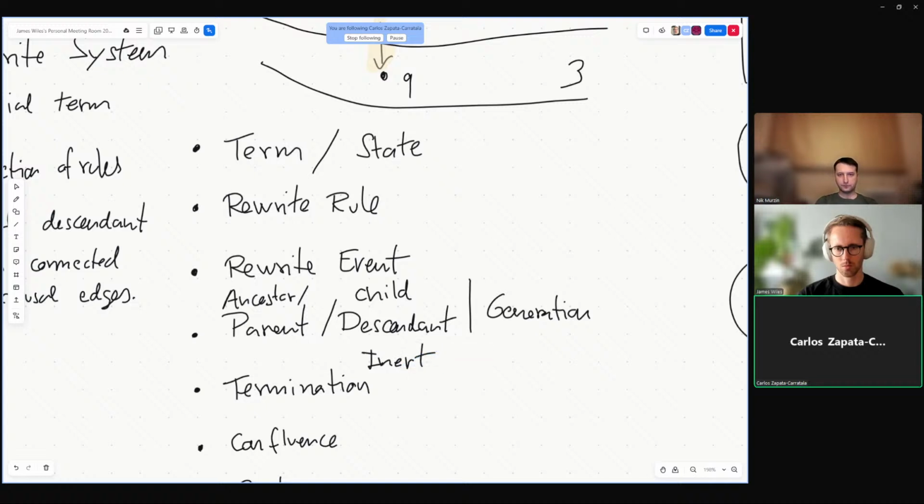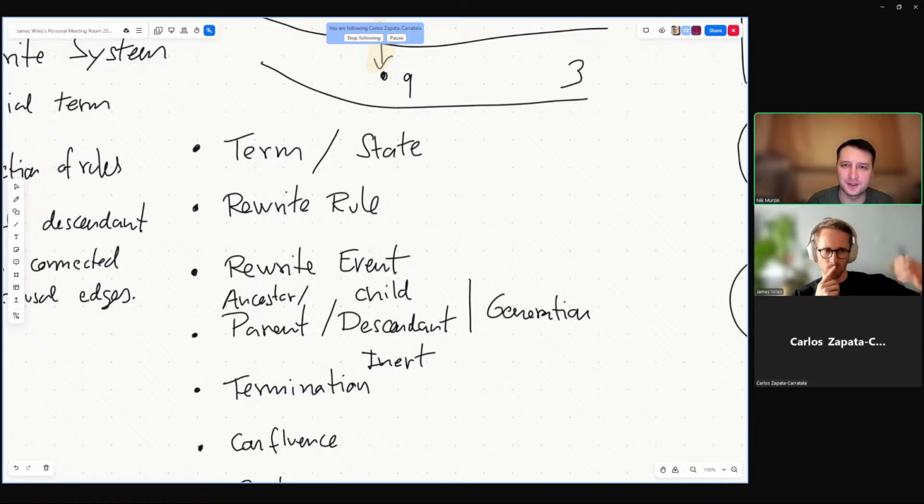Inert with respect to a particular set of rules, right? We say that a term is inert with respect to a set of rules if there are no pattern matchings of those rules in it. I think we call it just normal form. It's like the fixed point normal form. No rule can be applied anymore.